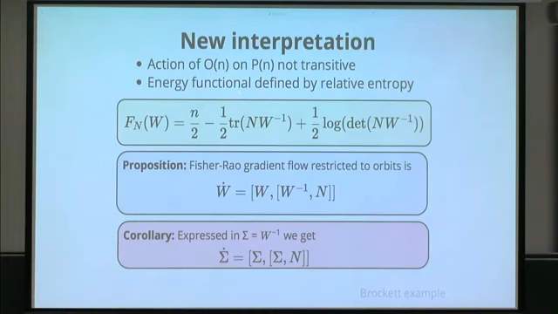But the point is that you can do this and you define again relative entropy, and now it's relative to n, to this diagonal matrix, right? And it's a flow on a smaller space now because it's just on the orthogonal matrices. Then you work out everything in this framework we had, and it turns out that you get this form of the equations.